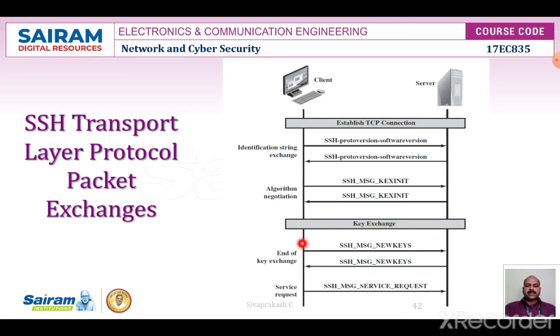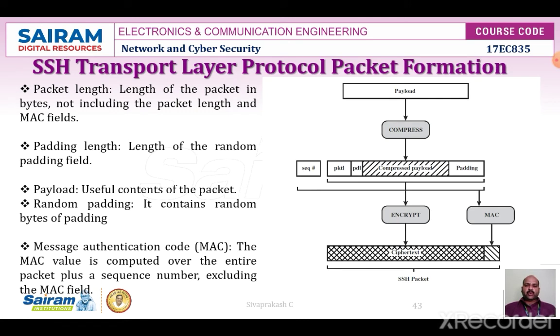During this key exchange, a new key is given from the client to the server, as well as from the server. With the help of that, the key exchange is completed. And finally, the service is requested by the client to the server. With the service request message, it starts its exchange of data. In such a way the data is exchanged in this transport layer protocol.